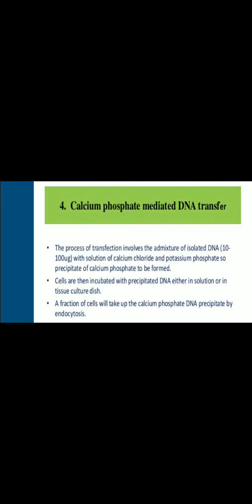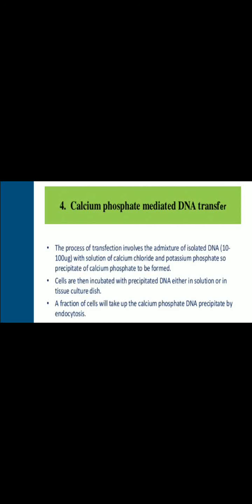Let's see what is calcium phosphate mediated DNA transfer. In this process of transfection, isolated DNA, about 10 to 100 microgram, is mixed with a solution of calcium chloride and potassium phosphate, and thus calcium phosphate is formed.